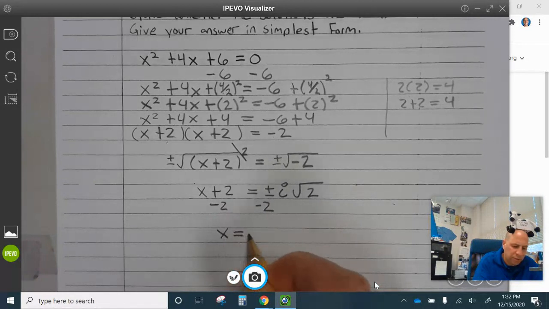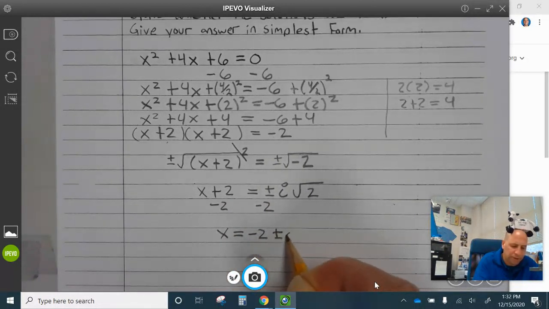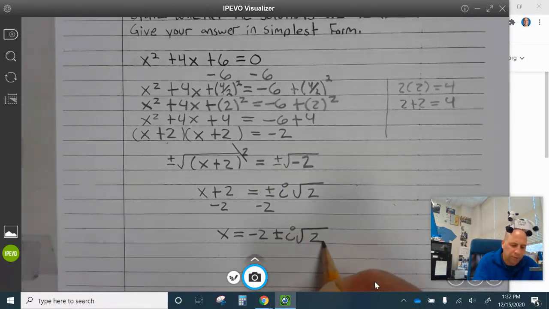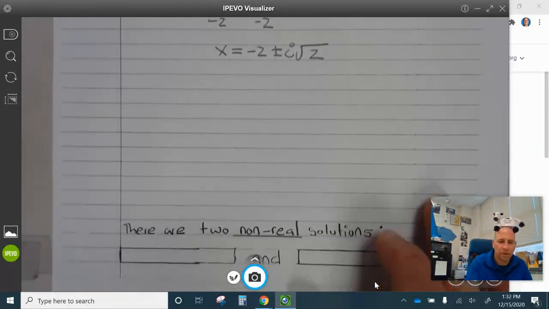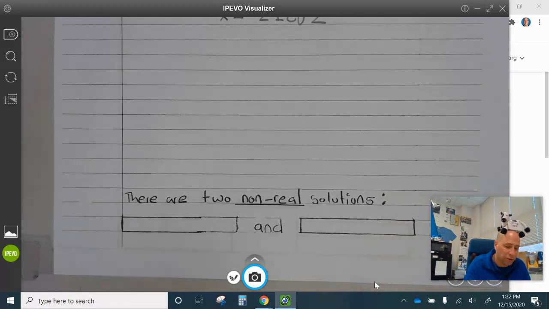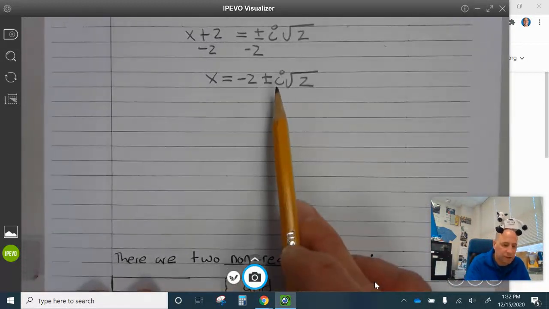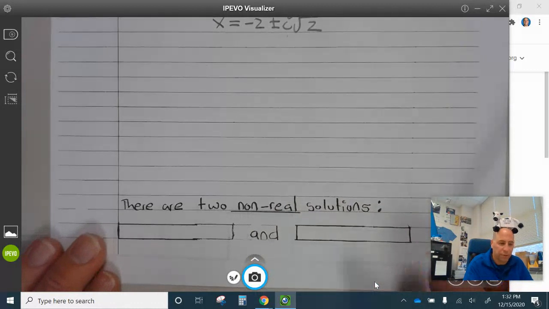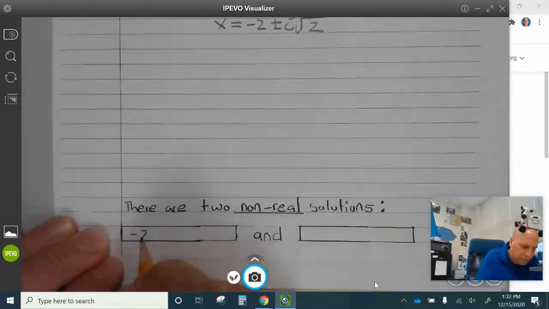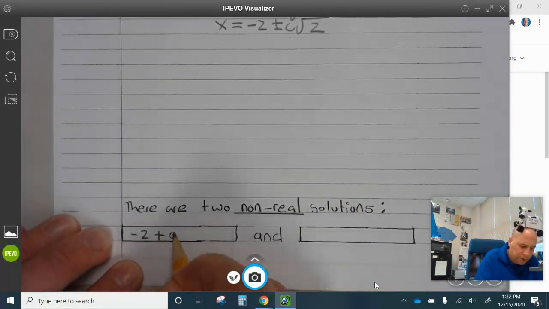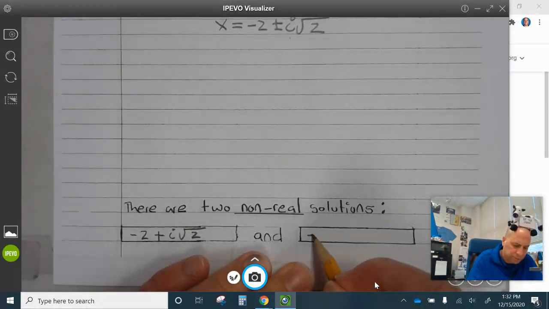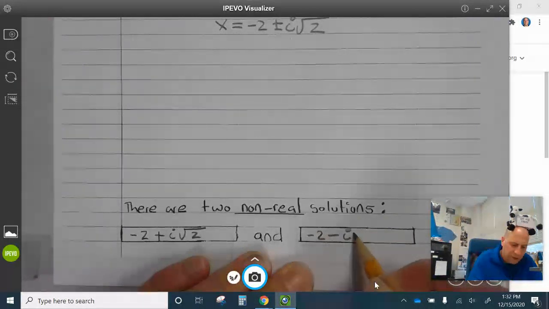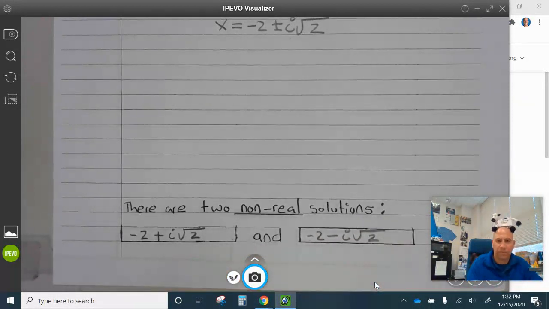So x equals negative 2 plus or minus i square root of 2. So there are 2 non-real solutions, and the reason they're non-real is because of the i. So that's negative 2 plus i square root of 2 and negative 2 minus i square root of 2.